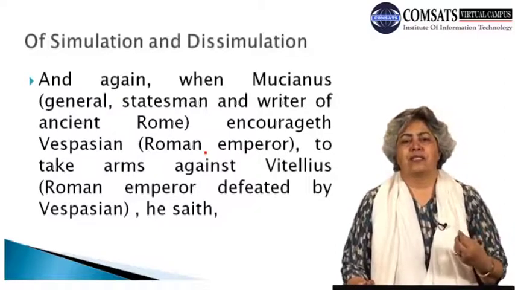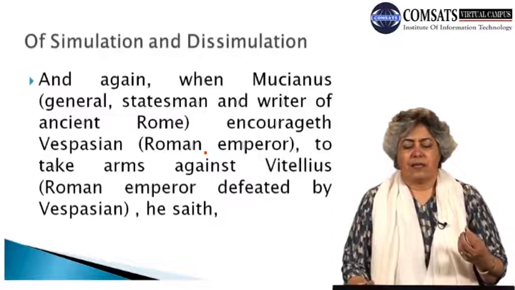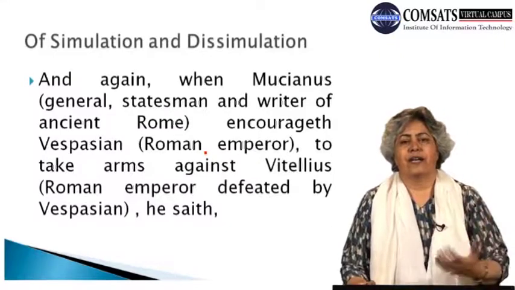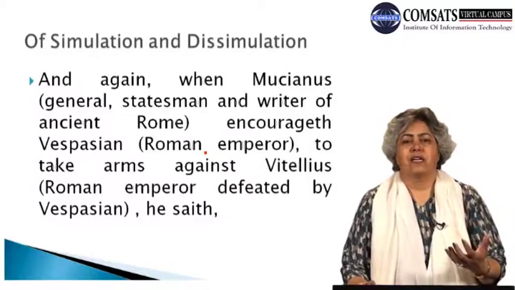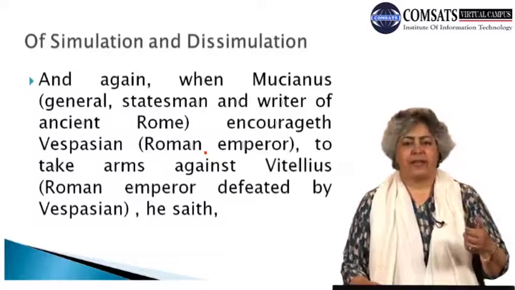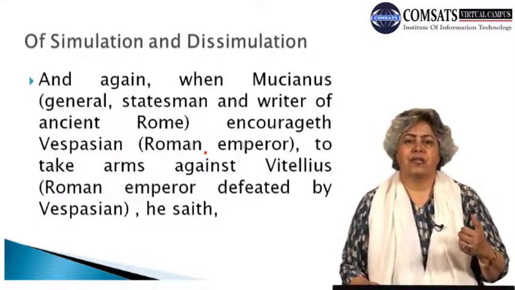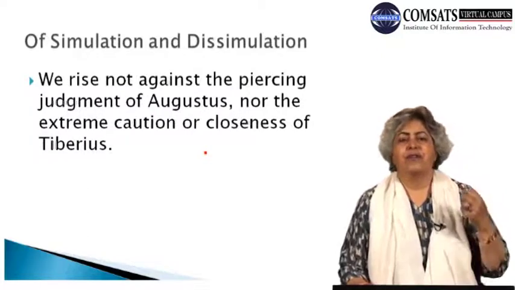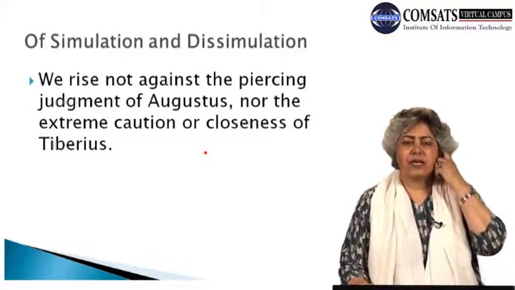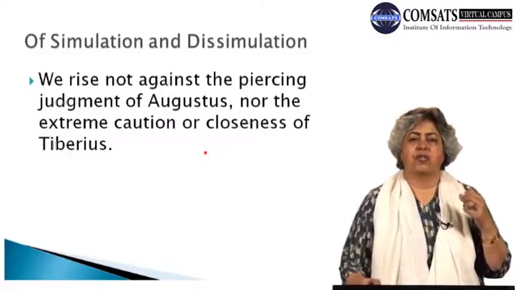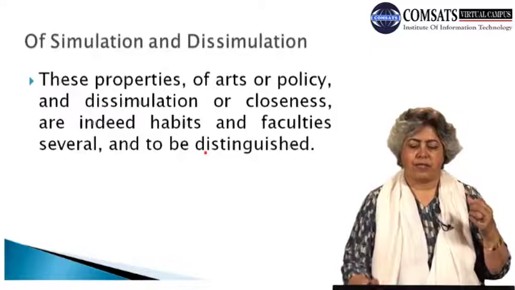So Mucianus states that when he encouraged Vespasian to fight against Vitellius, the reason that he gave, and the reason is stated by Francis Bacon, was, we rise not against the piercing judgment of Augustus, nor the extreme caution or closeness of Tiberius.